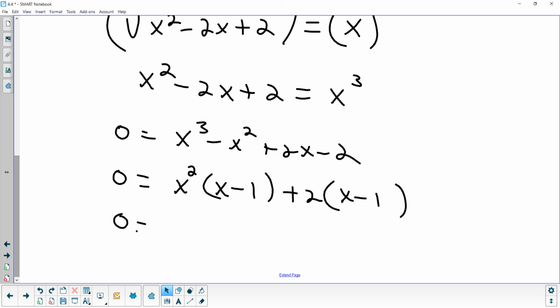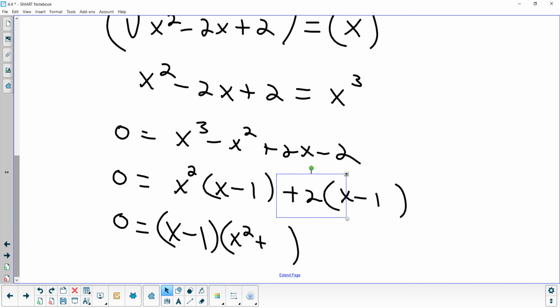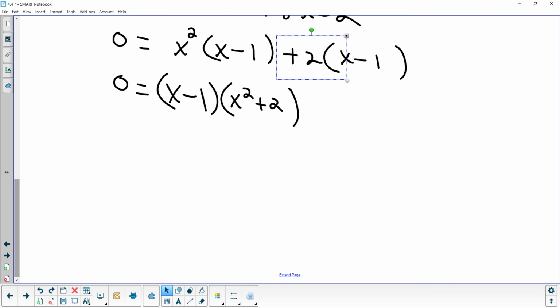So now, factor the x minus 1 out of each term. We're pulling that out in front. If you do that here, you're left with an x squared. If you take the x minus 1 out of the second one, all you're left with is a plus 2. And now we just have to set each factor equal to 0, just like a quadratic, and solve it. What would make this first factor 0? 1.